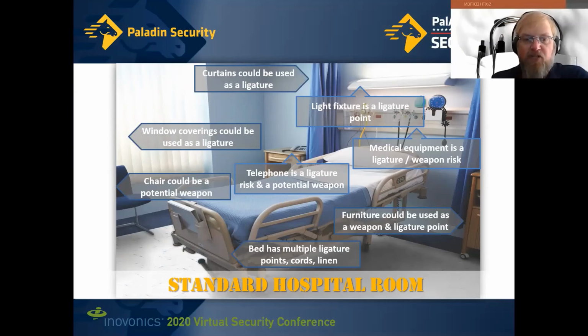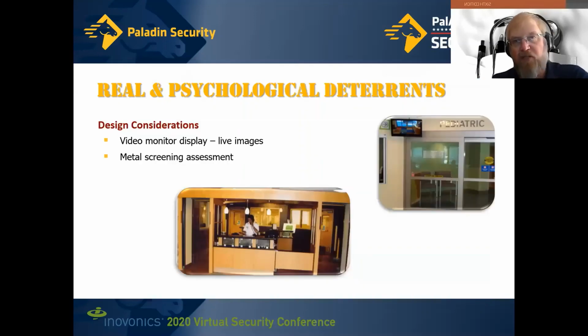But if I transition us back into the environment itself and start contemplating what are some of the things we can do with the built environment, the real deterrents as well as the psychological deterrents. For those of you who are trying to help healthcare understand how to leverage technology to its best advantage, or you're part of the built environment and you're trying to design something that makes it a safer environment, there's metal screening, which I absolutely do believe is a strong mitigation to violence.